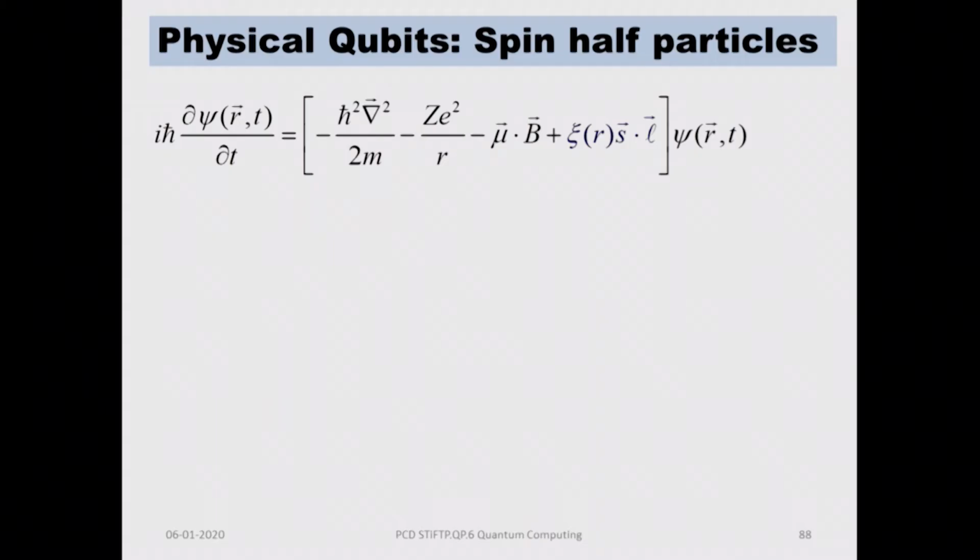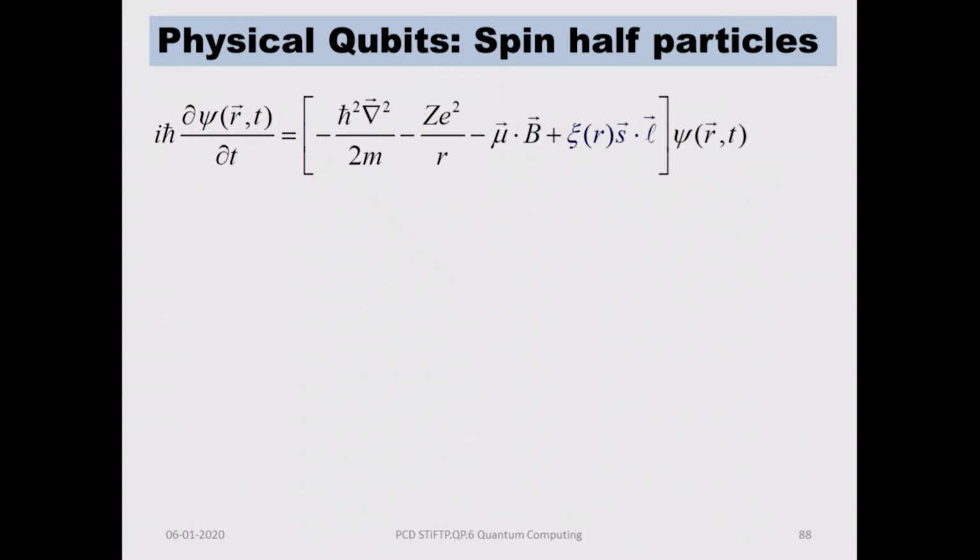And how do you manipulate the spin projection? So you have a magnetic moment; the electron has an intrinsic angular momentum which actually comes from Dirac quantum mechanics, and associated with this angular momentum there is a magnetic moment, and this magnetic moment would interact with a magnetic field.